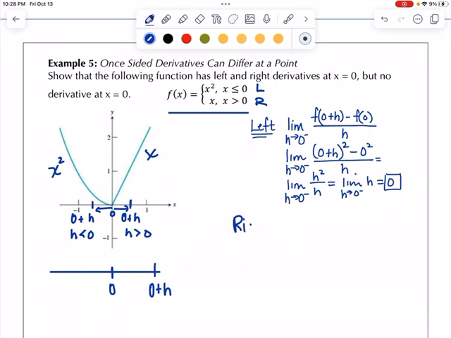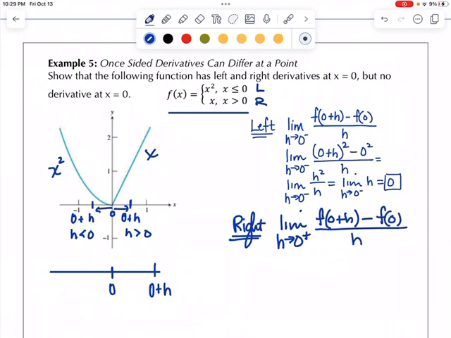So, on the right-hand side, we have the limit as h approaches 0 from the right of f of 0 plus h minus f of 0, same deal, over h. But now the function changes. We have y is equal to x.